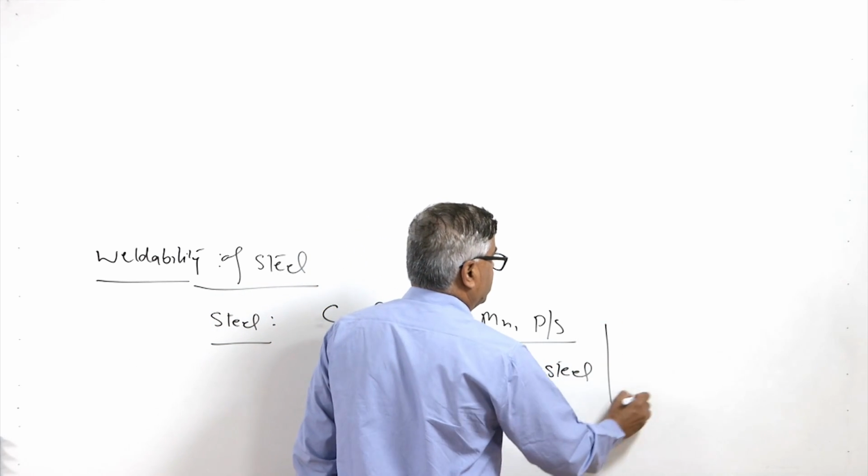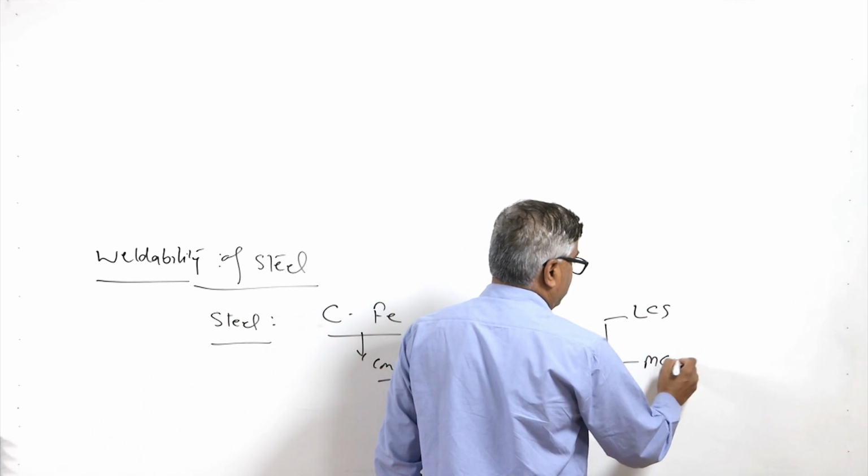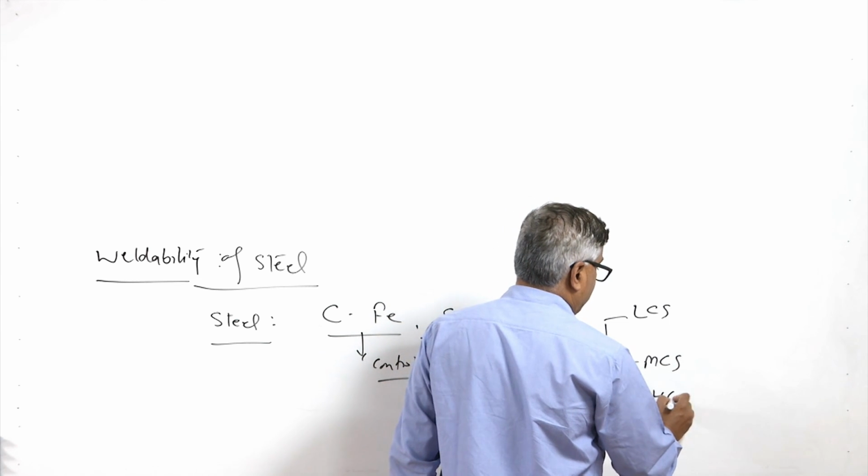Depending upon the carbon content, there are 3 categories: low carbon steel, medium carbon steel and high carbon steel.